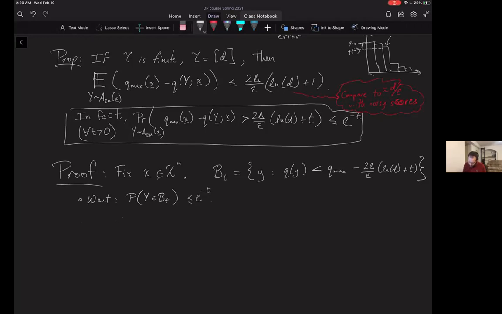So notice, what can we say about the probability of elements that are in this bad set?